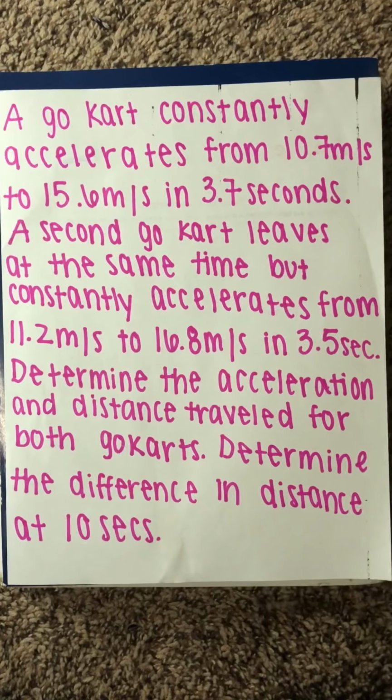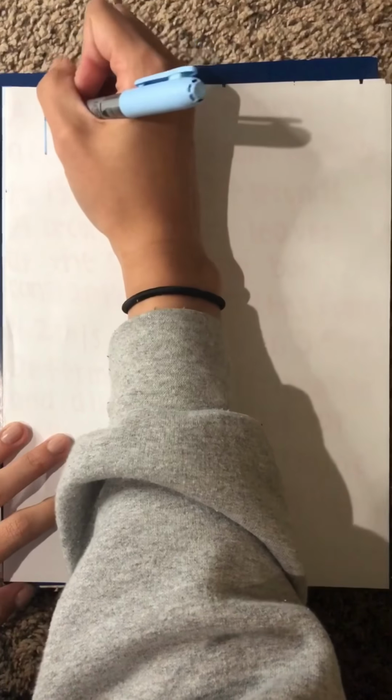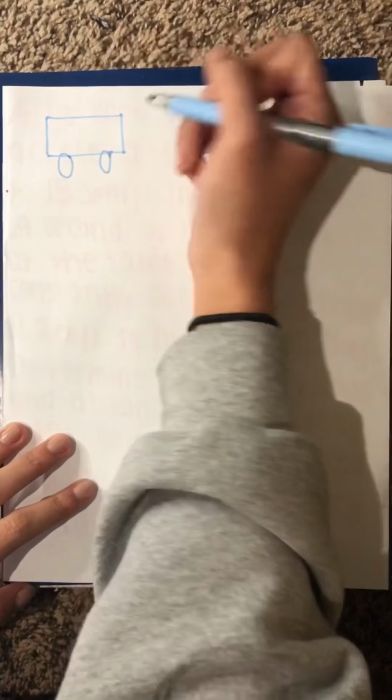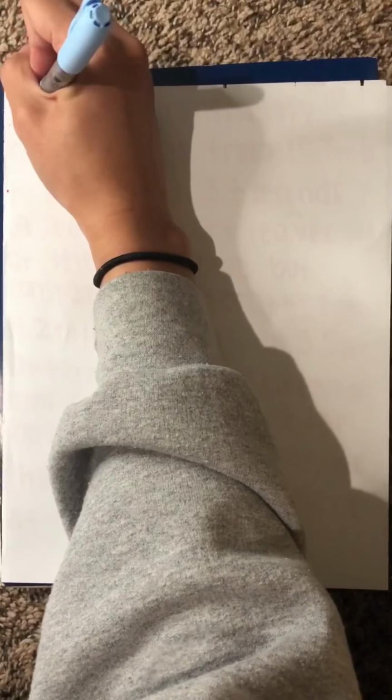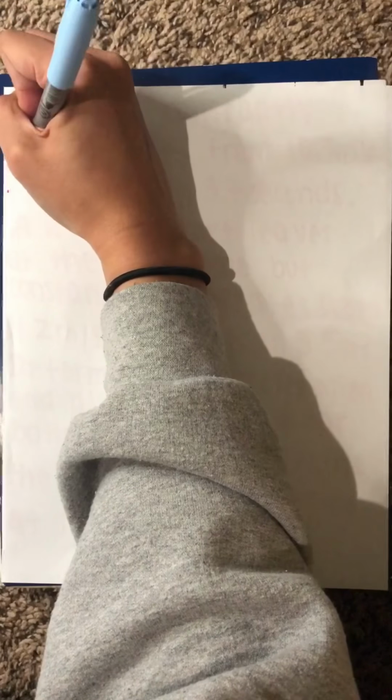So now, with this information, we can draw a diagram to help us better understand the problem. The blue will represent the first go-kart. So we know it has an initial velocity of 10.7 meters per second.